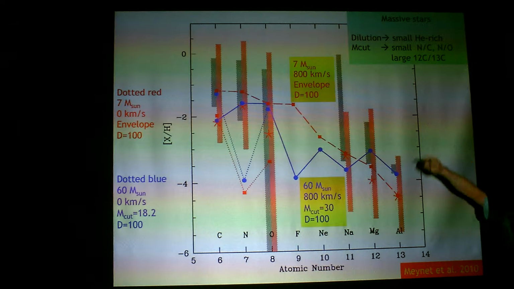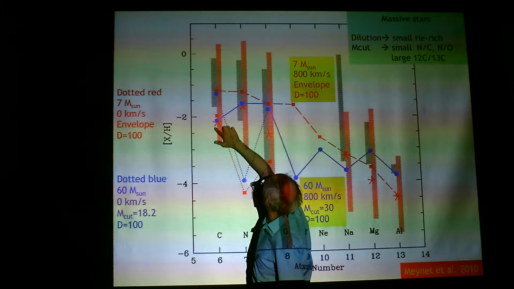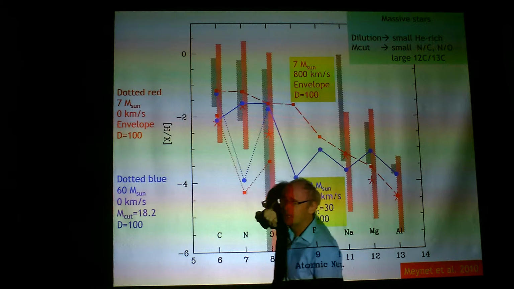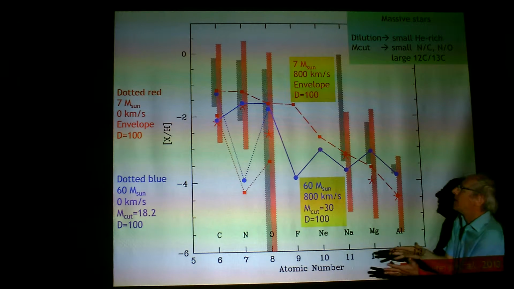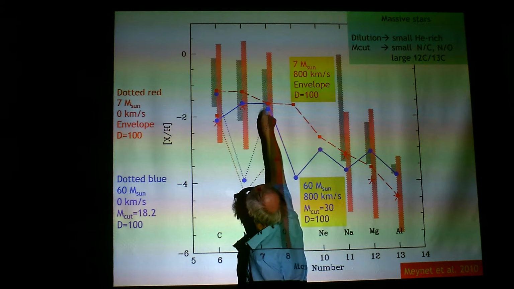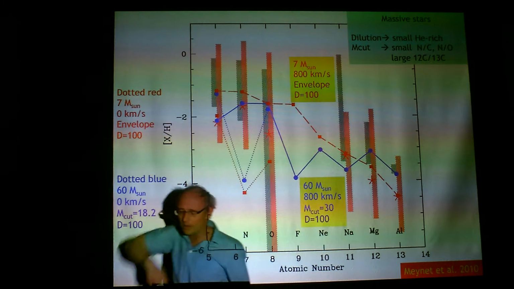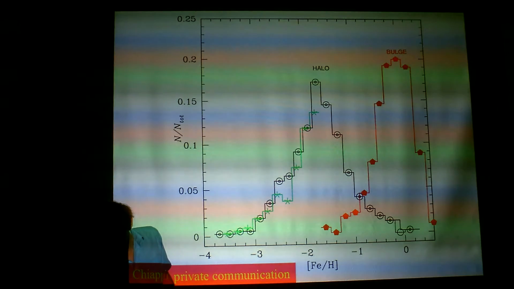You can see also that for the massive stars, this feature between carbon, nitrogen, oxygen depends a lot on the mass cut. If you decrease the mass cut, you go deeper and deeper inside the massive stars, and you will have a feature which will produce a V like this one, but just shifted to higher values.